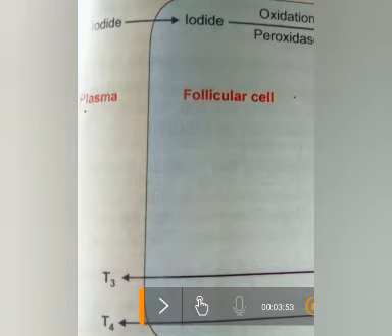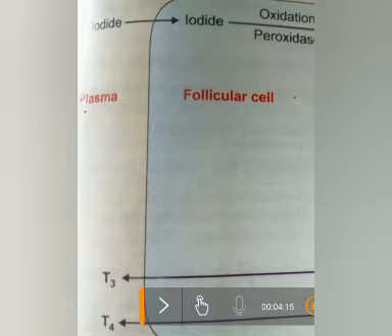This transport is against the electrochemical gradient. This process is called iodide trapping. Iodide trapping means the transport of iodide from the plasma to the follicular cells.